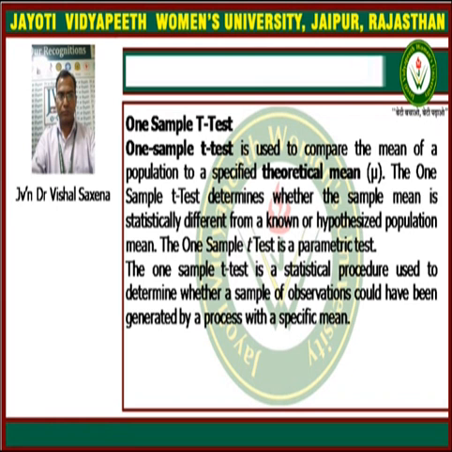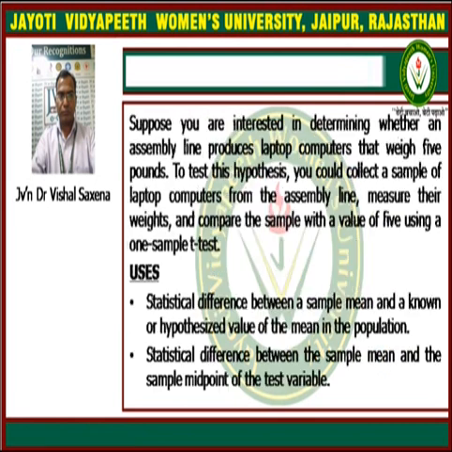That is the main purpose. So the one sample t-test determines whether the sample mean is statistically different from the known, that means the hypothesized, population mean. That is the main objective of this one sample t-test.